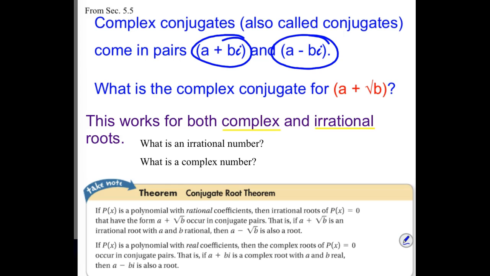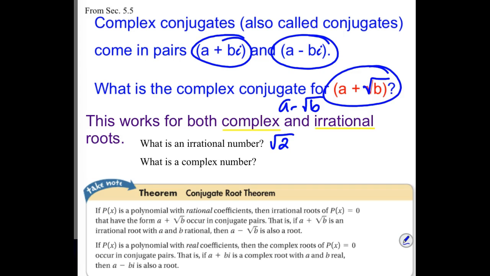The same is true with zeros that are irrational. So when I get things like square root of 2, if that was one of my zeros, then its conjugate has to be in there as well. So what is the conjugate of a plus the square root of b? We would need a minus the square root of b.